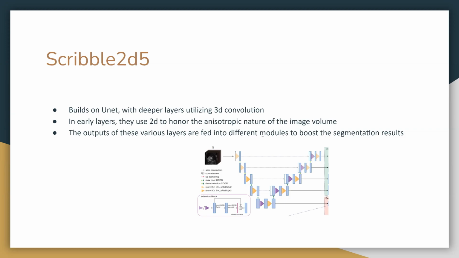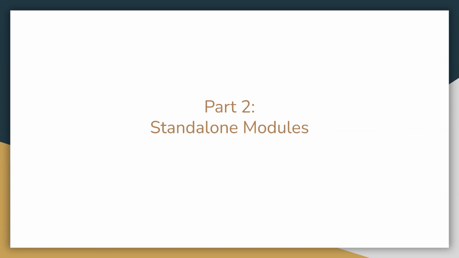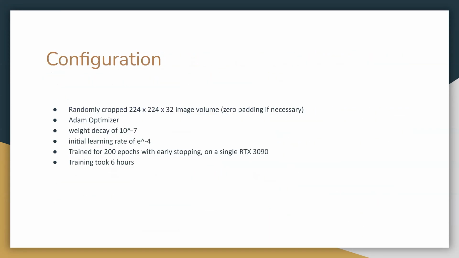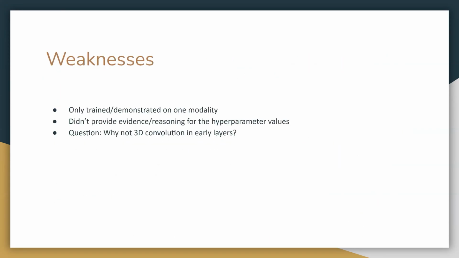So I wasn't quite sure if I followed their reasoning for not using 3D convolution. So I'd be curious just to see how the model performed if using 3D convolution versus 2D in the early layers. And overall, I think I'd give the paper a 2.